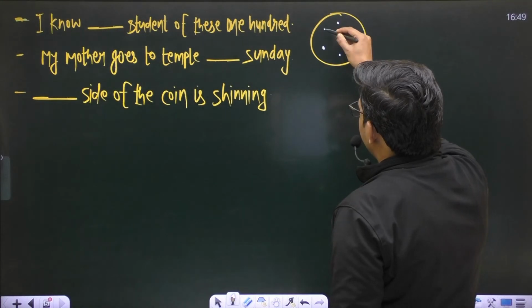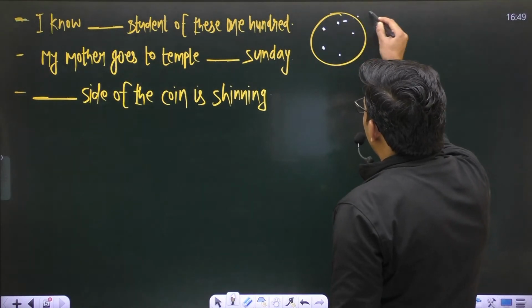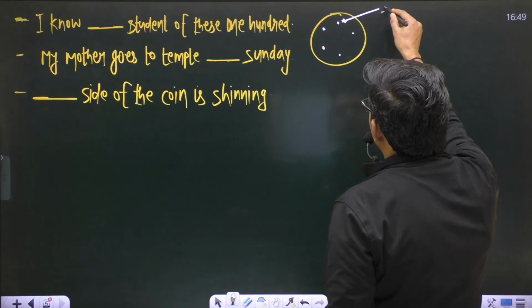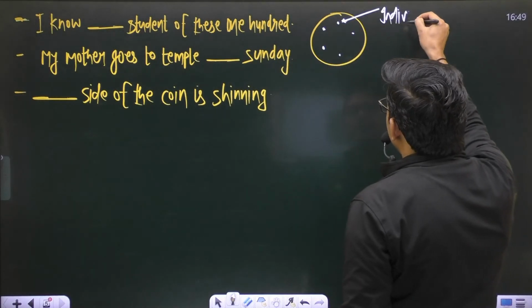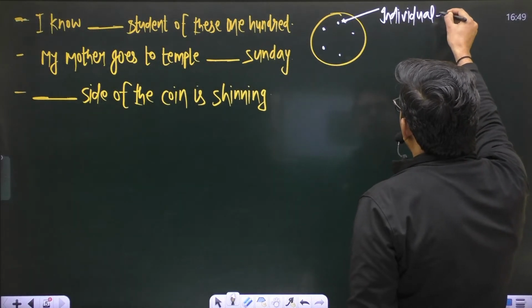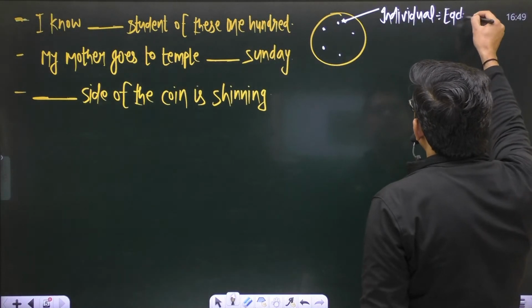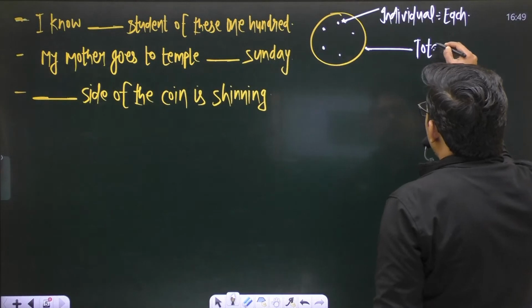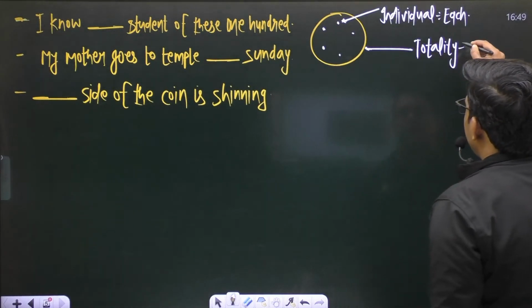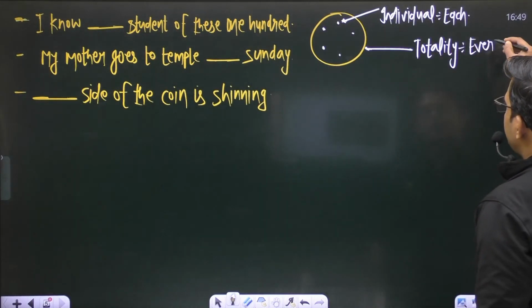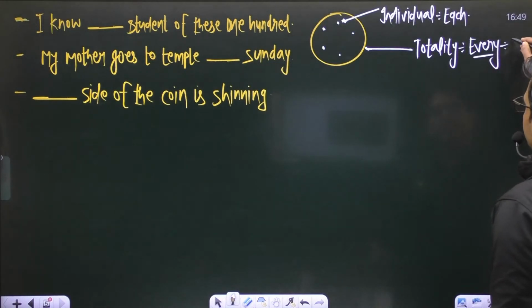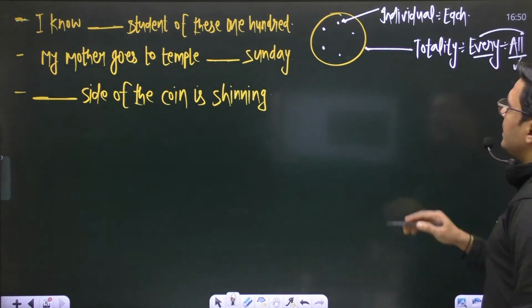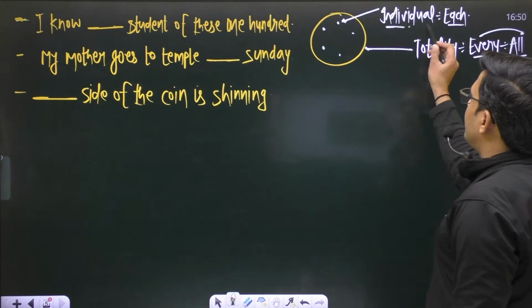If you talk about any specific one, any individual one, for an individual we use each, and whenever it comes to totality we use every. And make it sure the meaning of every is all, right? It shows the sense of all. Every shows the sense of all, and each denotes what?